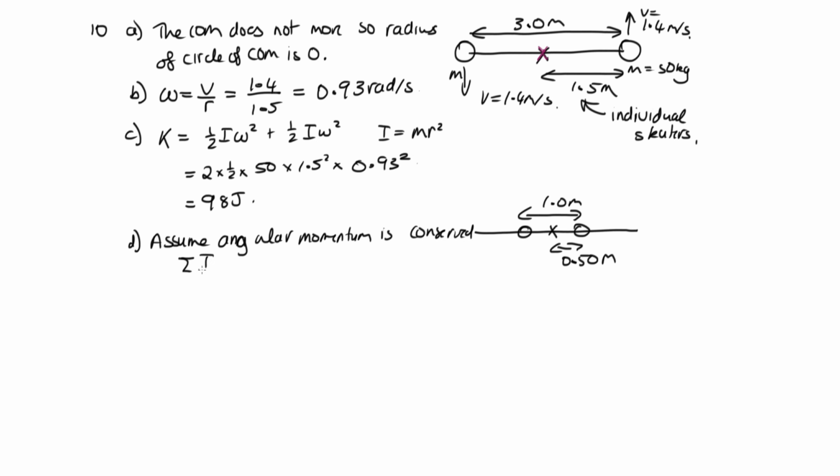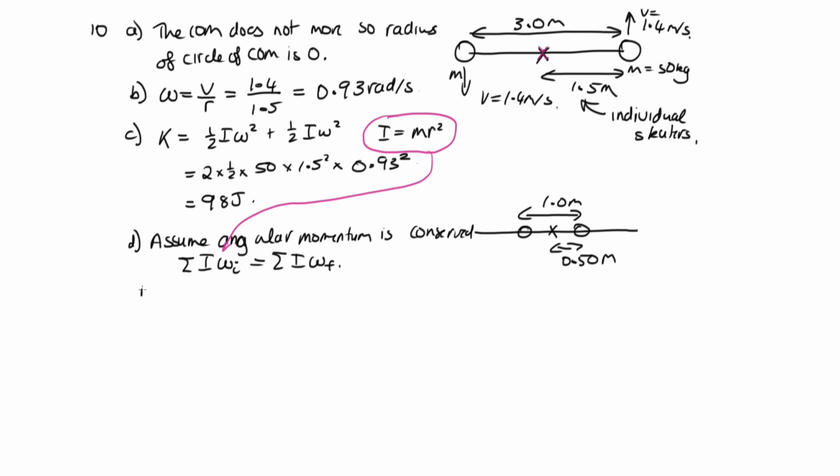So the sum of I omega initial is equal to the sum of I omega final. We'll want to use the equation for I, and the radius has changed, so these I's will be different between the two sides. Let's write it out. We've got the two skaters to consider in each case.